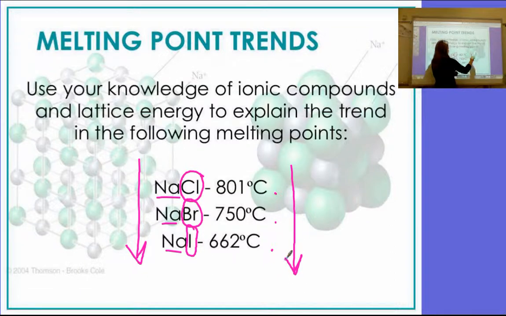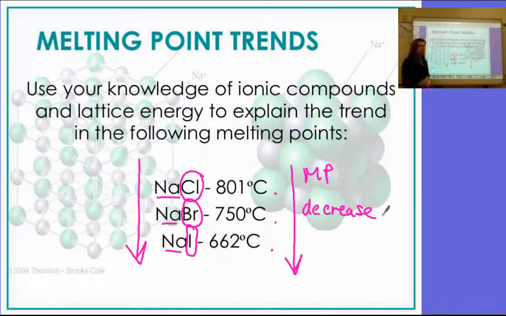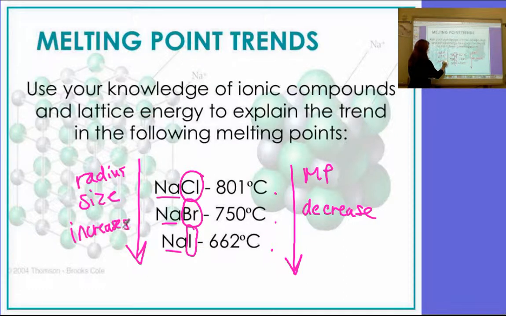Why is that? My melting points decrease as I go down because, as we learned in the periodic table chapter, my radius, or the size, increases as you go down.